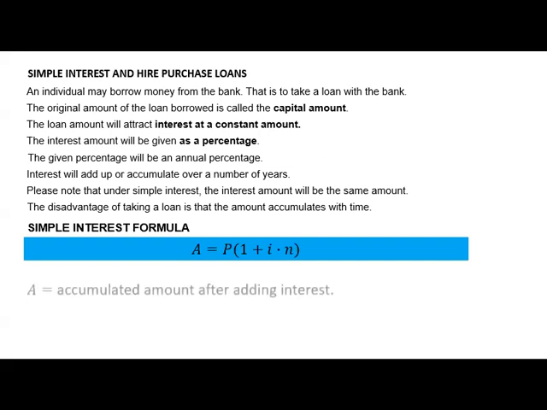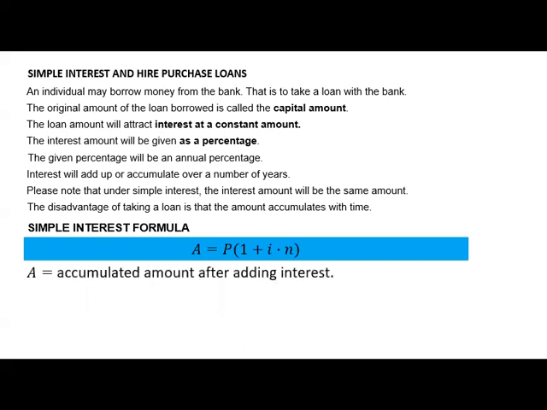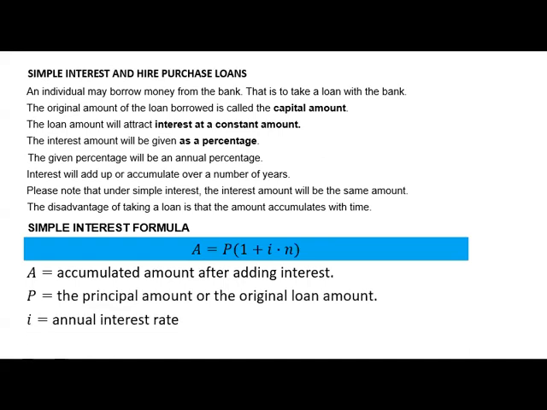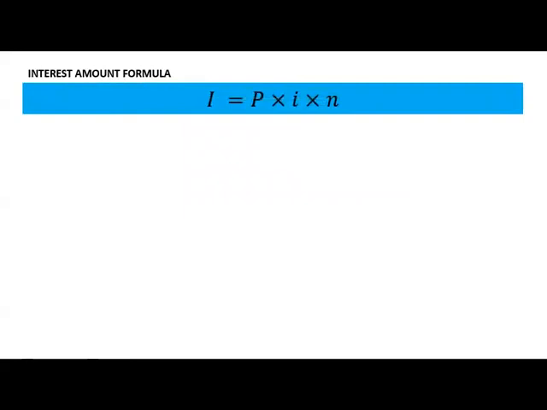A here will represent the accumulated amount after adding interest. P is the principal amount or the original loan amount, and i is your annual interest rate, and n will be the loan period. And when you want to calculate interest, you'll have to use this formula.